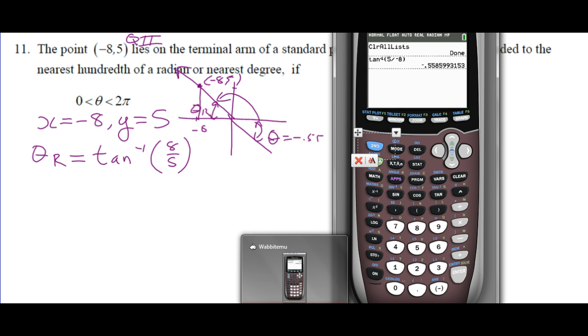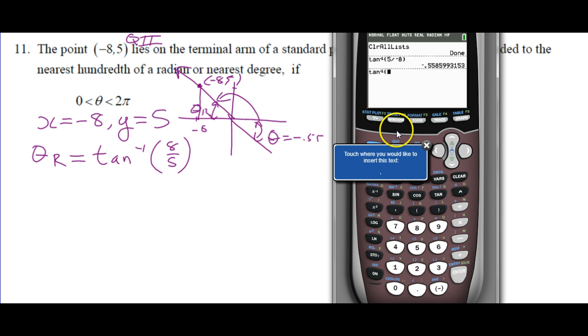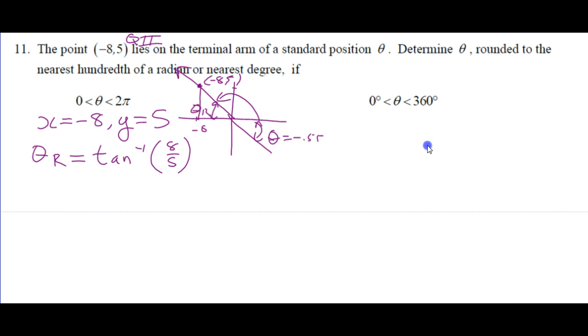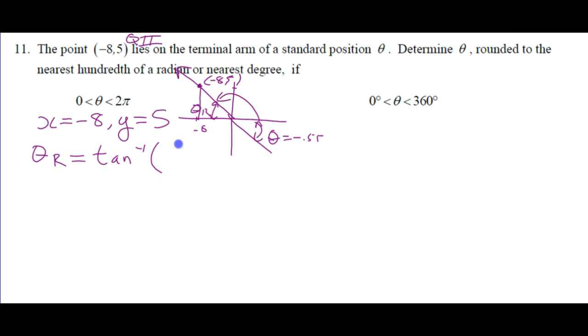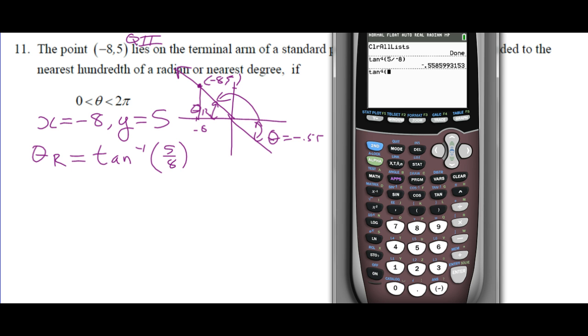Okay, I already did the tan inverse. So we want 5 over 8, 5 divided by 8. In other words, we always just want to put in the positive value, pretend this is a quadrant 1 angle, and get the reference angle.